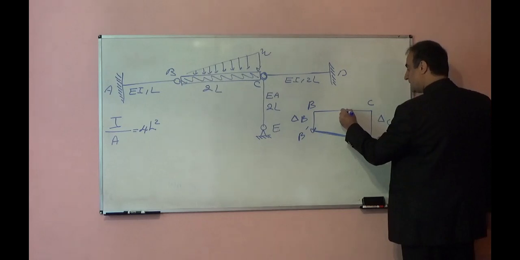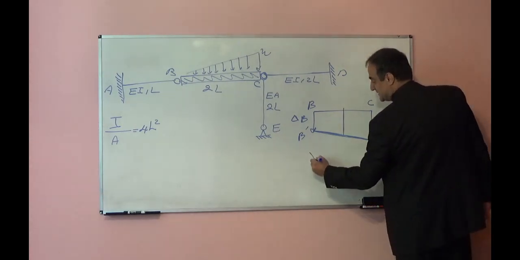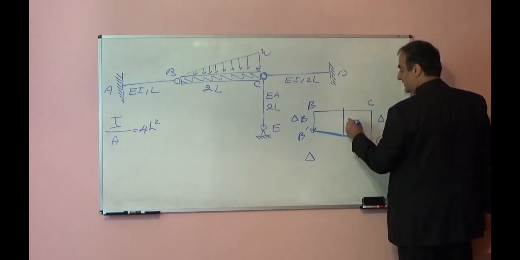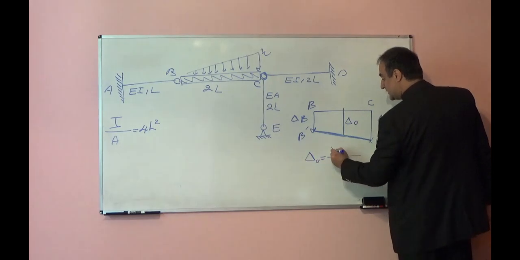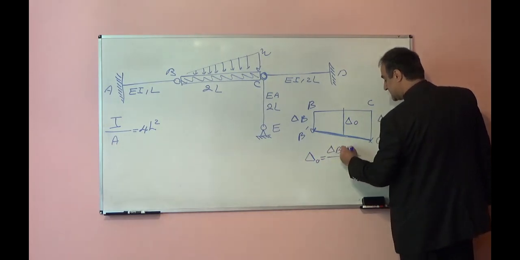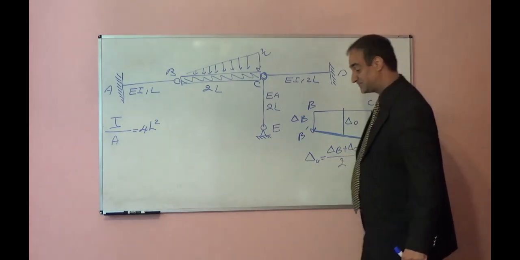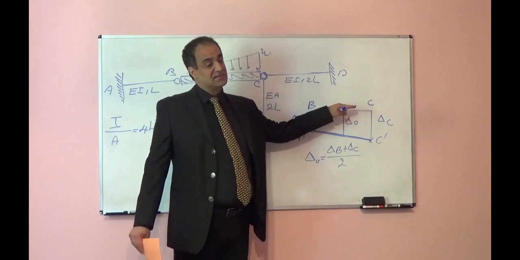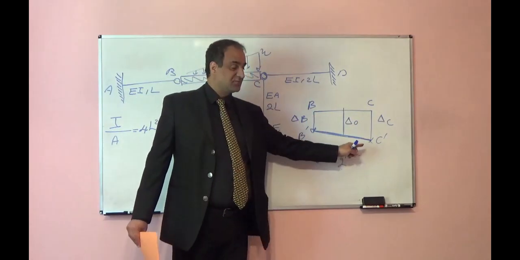In order to find the deflection at midspan, it is easy. The delta at midspan, for example, if I show it with O, will be delta B plus delta C divided by 2. Because initially this BC is horizontal, then point B will move down, point C will move down.